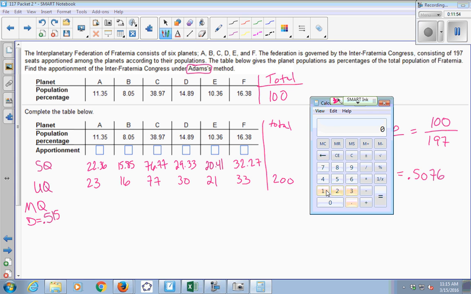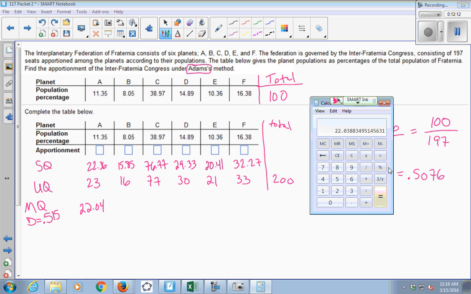All right, so 11.35 divided by 0.515. Oops. 22.04.